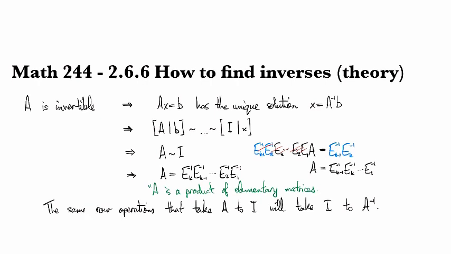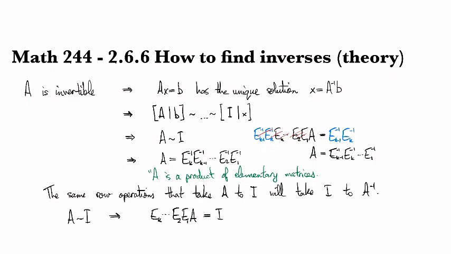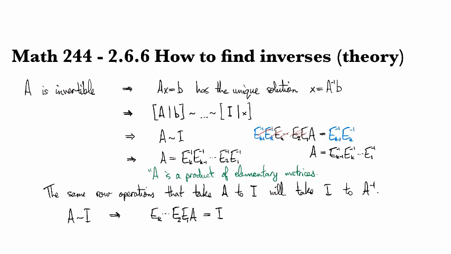Because if you back up to that thing we had a moment ago, A is row equivalent to I, means that if we have A and then some elementary matrix and some other elementary matrix and so on and so forth, I would get this equal to the identity. But what you may not have noticed is that this is actually a formula for the inverse. So this right here, since I'm multiplying it against A and getting the identity, that is A inverse.